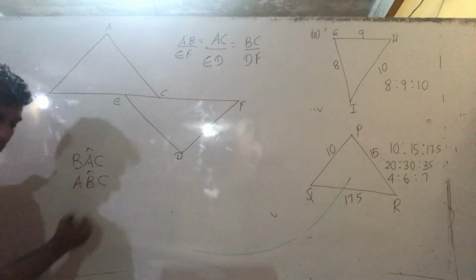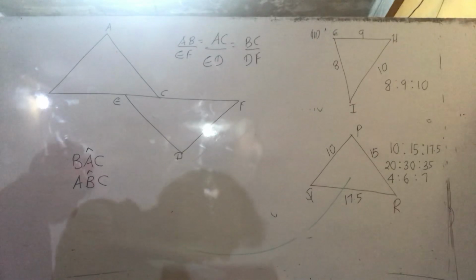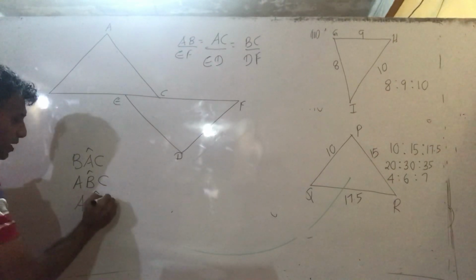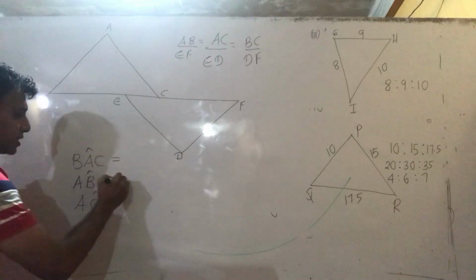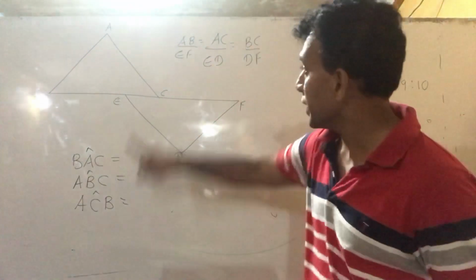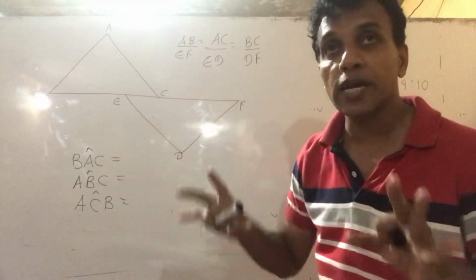It's a good question to improve your skills in similar triangle properties. So these are converse problems, right? If the angles are equal, sides are proportional. Otherwise, if sides are proportional, angles are equal.